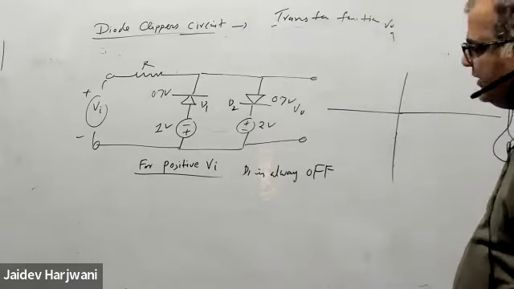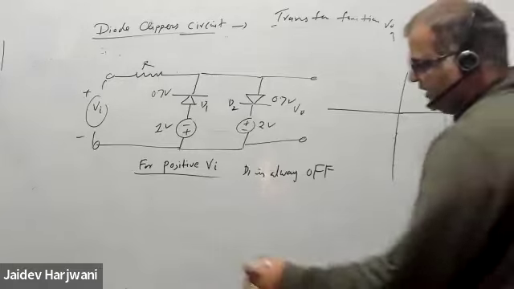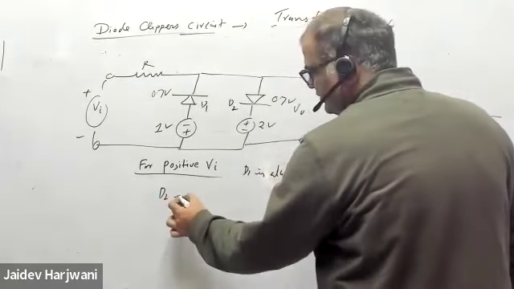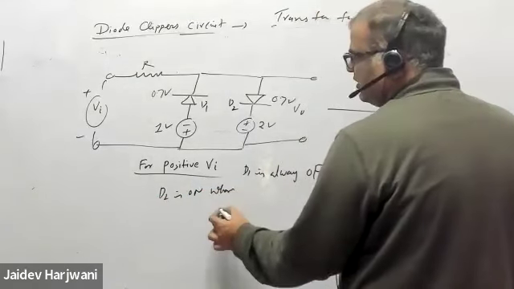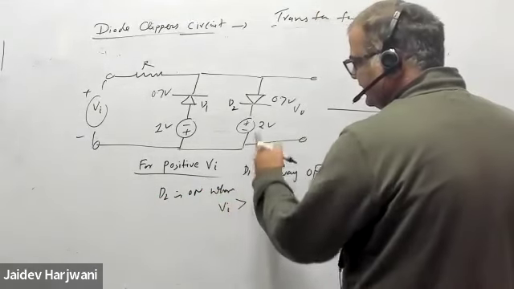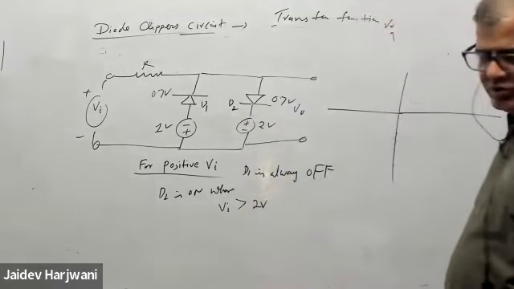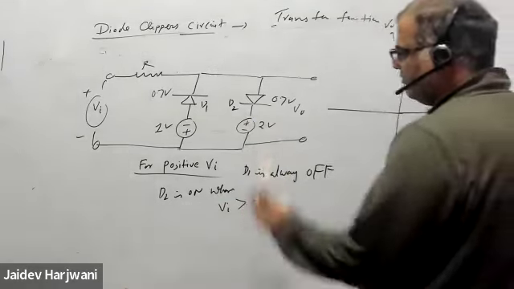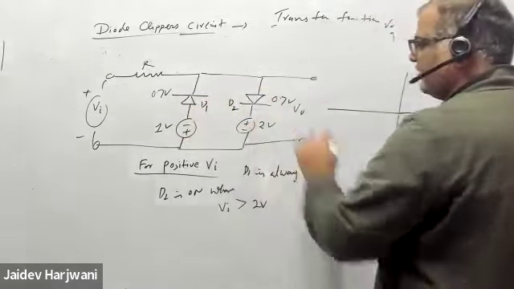And D2 is on only when V input is greater than 2 volt. That means up to 2 volt, both are off.